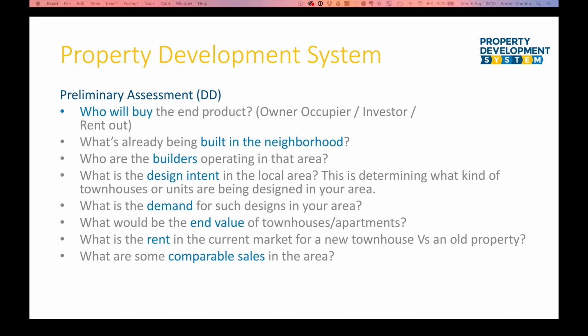Where they spend most of their time, the living areas, is usually on the first floor. And depending upon the area, you have to see if it demands study nooks, a little study, or storage in the garage. These are the things you've got to take note of when you visit other people's developments. So what is the demand for such designs in your area?